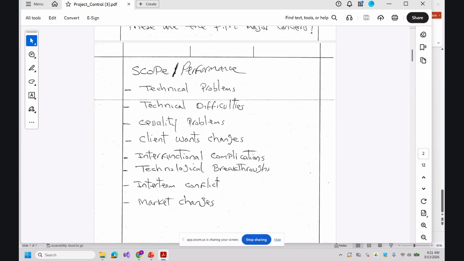The scope: you have your project statement that we discussed at the beginning of the semester, or maybe a client giving you some description.